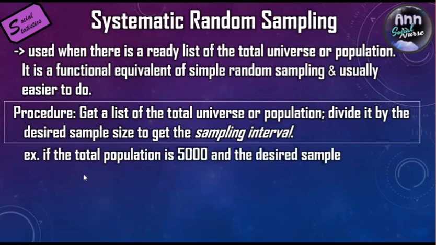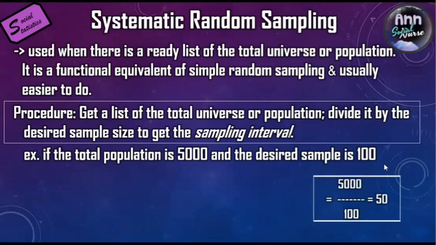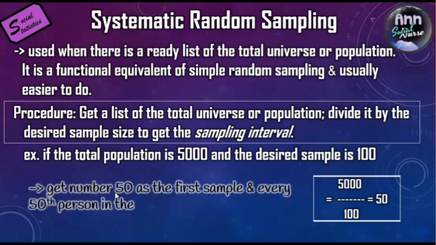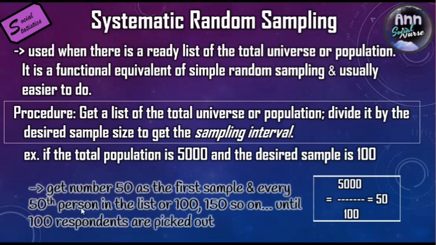So, if the total population is 5,000 and the desired sample is 100, just as an example, you divide 5,000 by 100. So you have 50 as the sampling interval. Get number 50 as the first sample, and every 50th person in the list would be the next to constitute the sample.